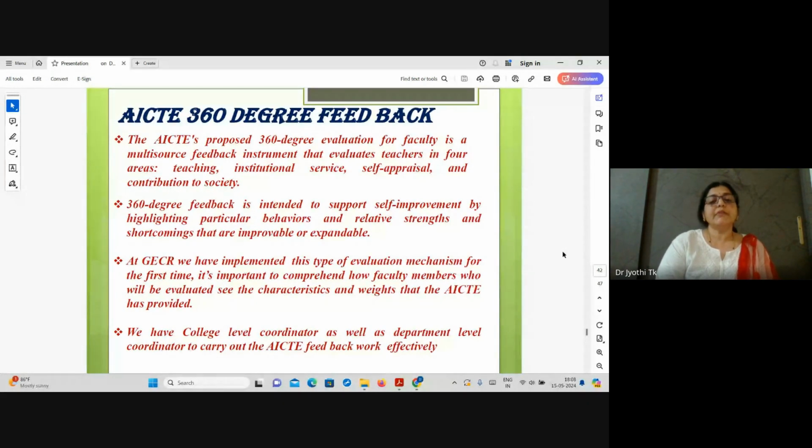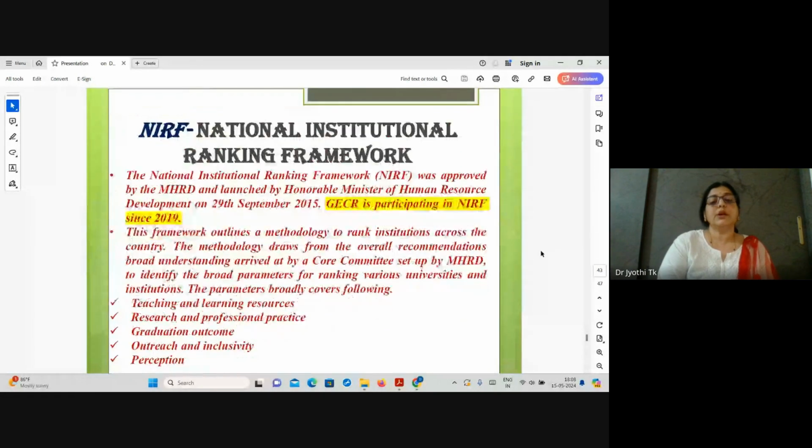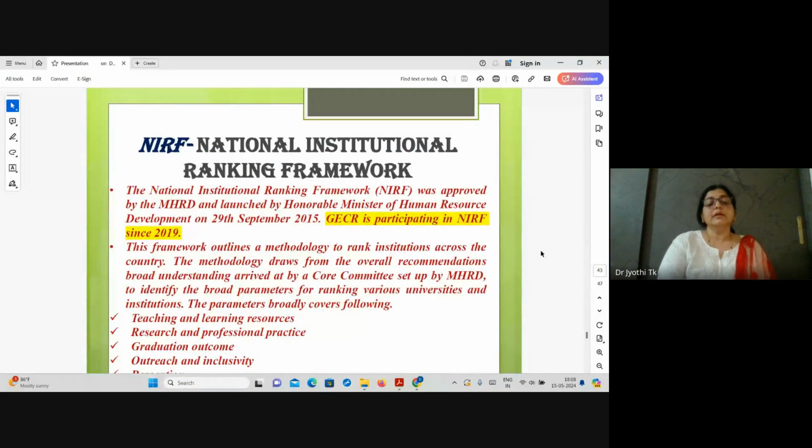At GECR, we have implemented this type of evaluation mechanism for the first time. It's important to comprehend how faculty members who will be evaluated see the characteristics and weights that the AICTE has provided. We have a college level coordinator as well as department level coordinators to carry out AICTE feedback.